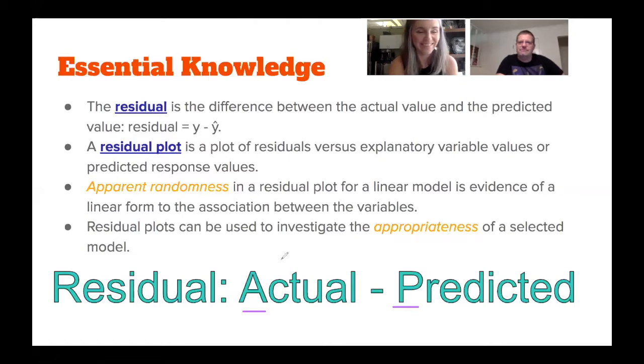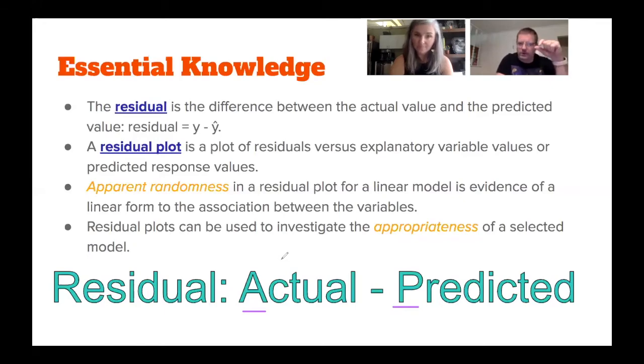Okay, so a residual plot is when we take all those residual values that we found and plot them. We know we're going to have mistakes. We just accept that the world is icky. We want to try to minimize our mistakes.